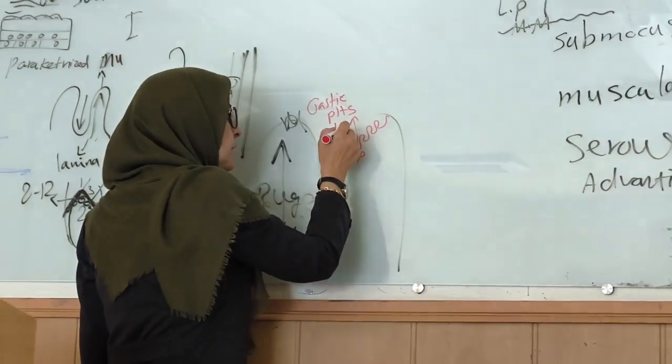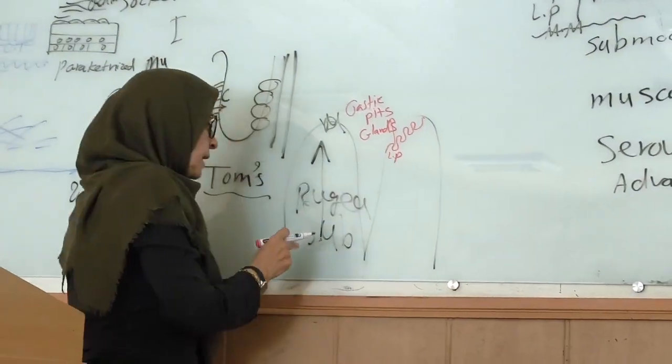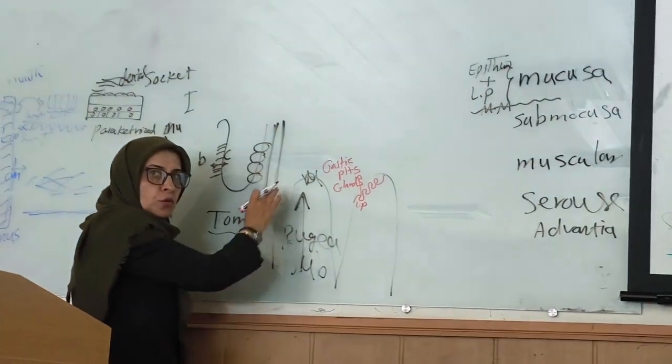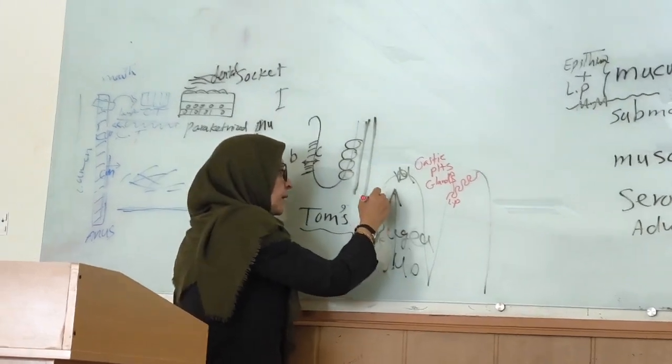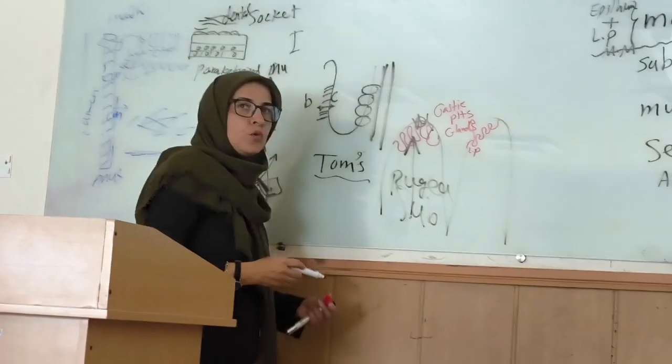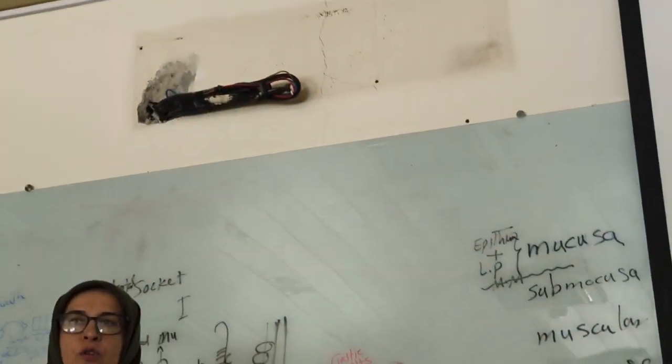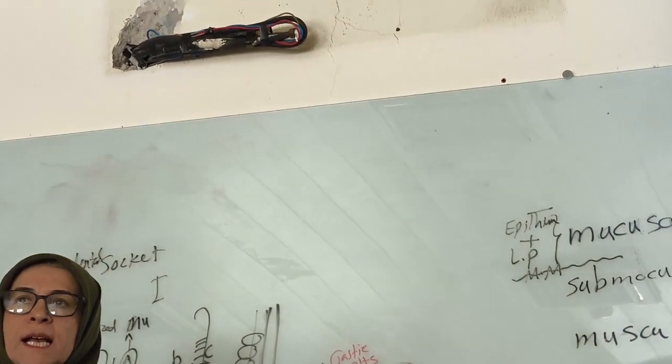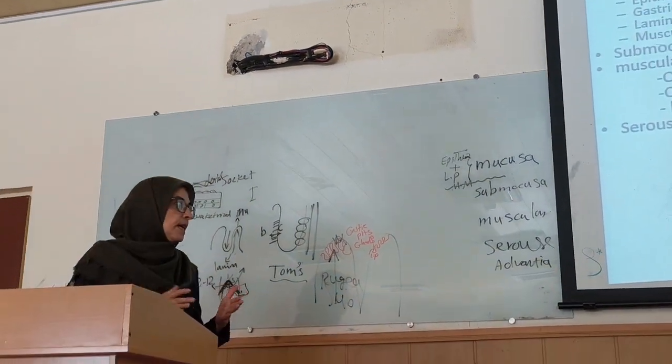They include cells. Rugae are submucosa to mucosa. The pits are the mucosal layer invaginating into the lamina propria, forming gastric glands that include the cells.